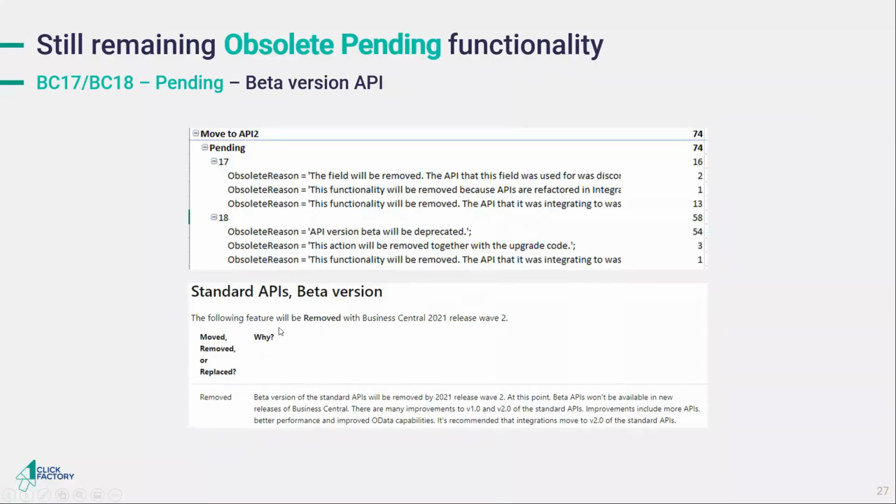Microsoft is open and saying that this feature will be removed from Business Central Release Wave 2 from Business Central 19. And all relations, if you are using this functionality, should be moved to version 2 of the standard APIs instead of using this beta version 1 API.